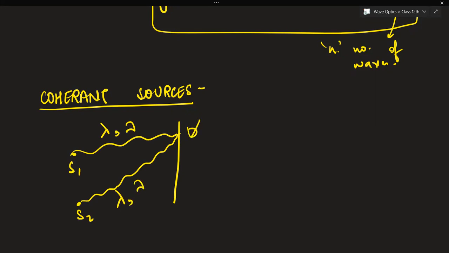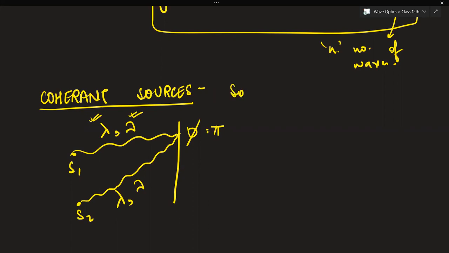And the phase difference is pi. So listen, sources that emit light waves having the same frequency, same wavelength, and a constant phase difference, both having a constant value of phase difference, are known as coherent sources.